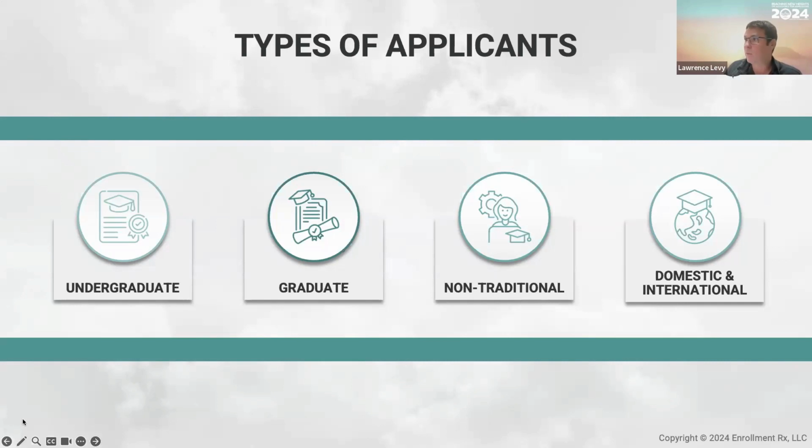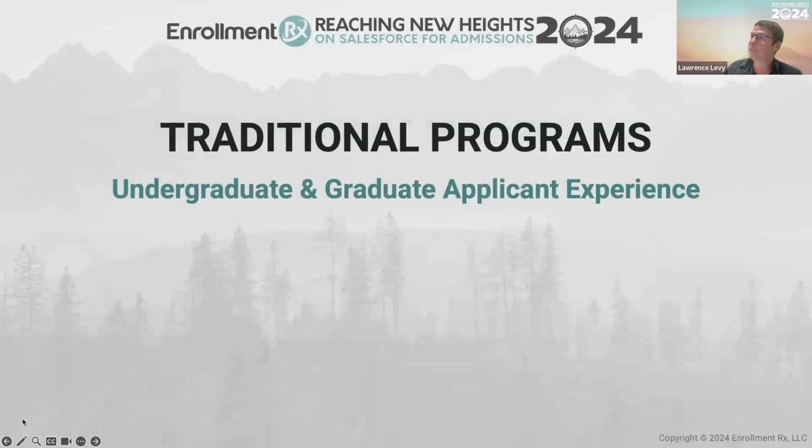But first we want to start with the basics of traditional program requirements in an applicant portal experience, whether undergraduate or graduate. These are the things our clients ask us to support. Mark, you're very familiar with this.